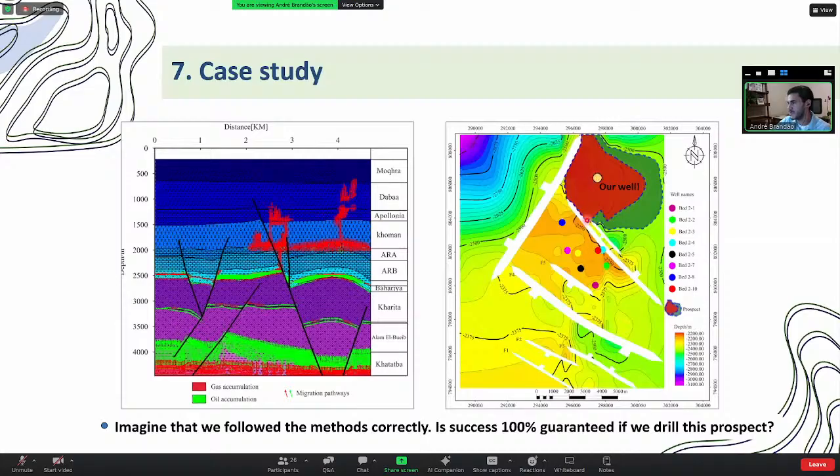So it's a very close region. There's a distance that you may count, but it's very close. So I ask you, is success 100% guaranteed if we drill a well in this prospect? Alejandro, any suggestion, or anyone else?